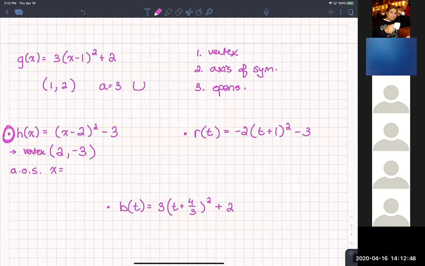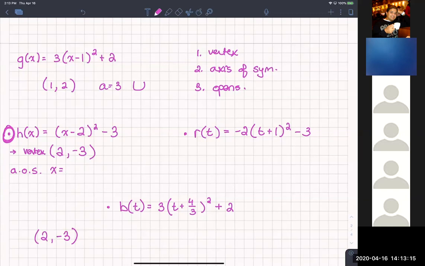What's my axis here? If the vertex is (2, -3), then the axis of symmetry is x equals what? What is the x coordinate of the vertex, guys? This is the vertex, right? Which one of these numbers is the x coordinate?